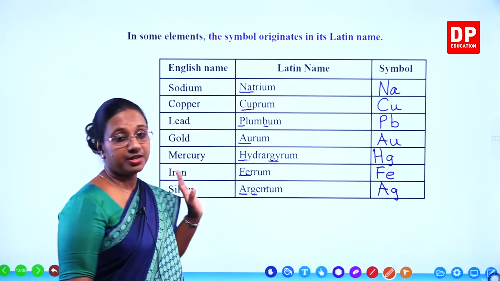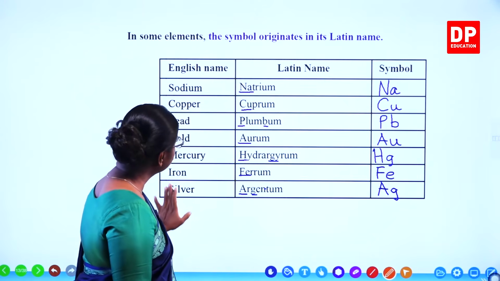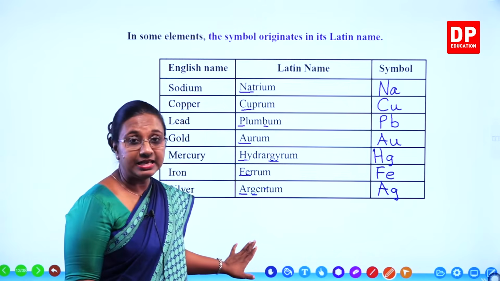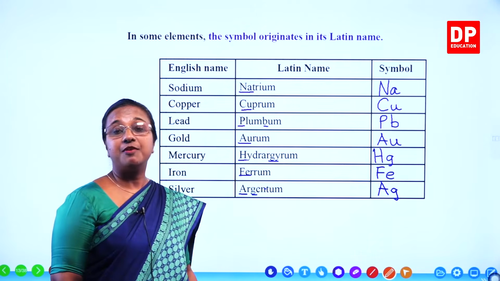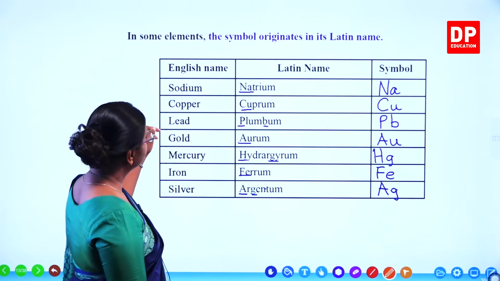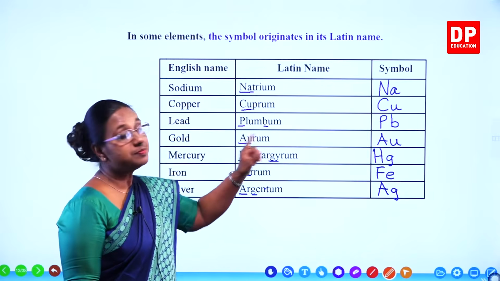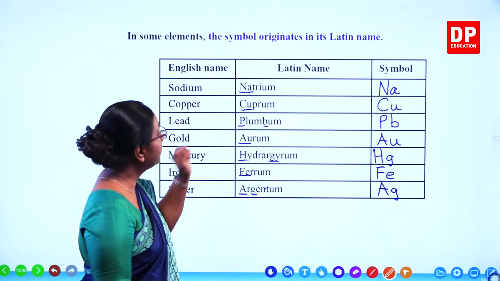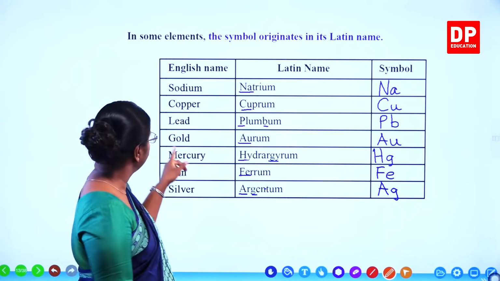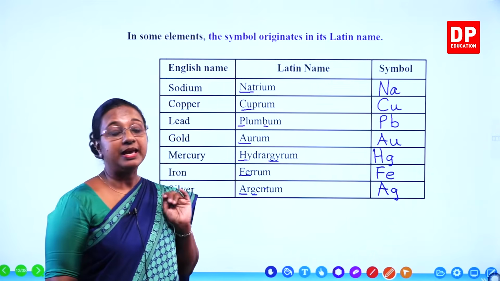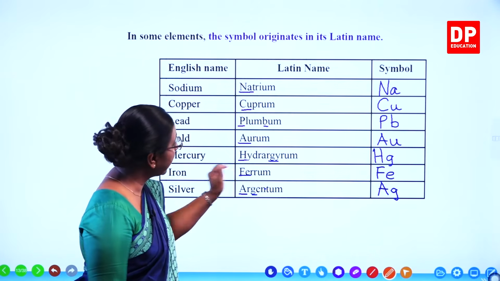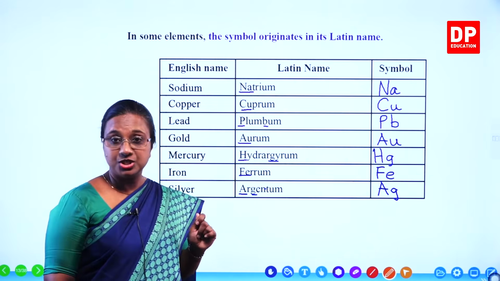So is this okay, students? You all have to remember the English name, the Latin name and the symbol for all these elements. So sodium, natrium, Na. Copper, cuprum, Cu. Lead, plumbum, Pb. And gold, aurum, Au. Mercury, hydrargyrum, Hg.